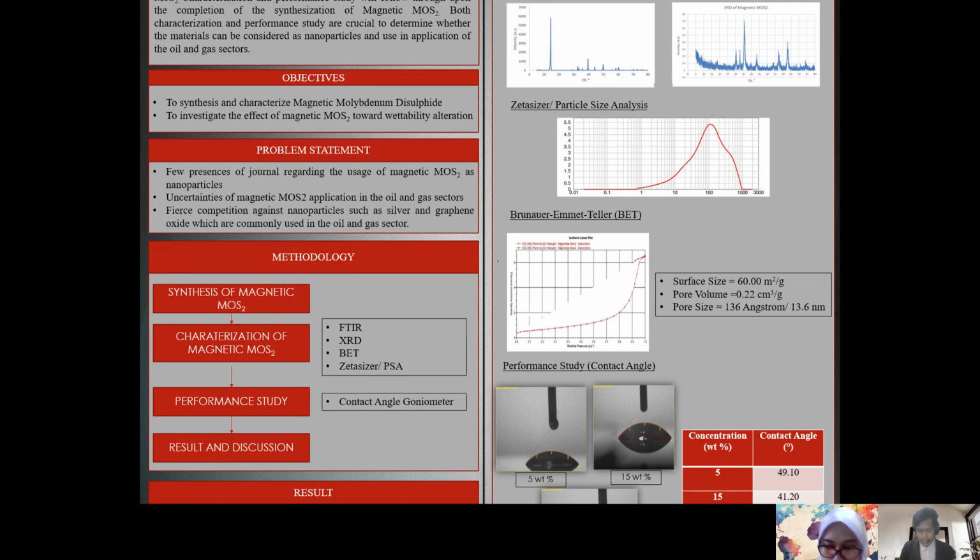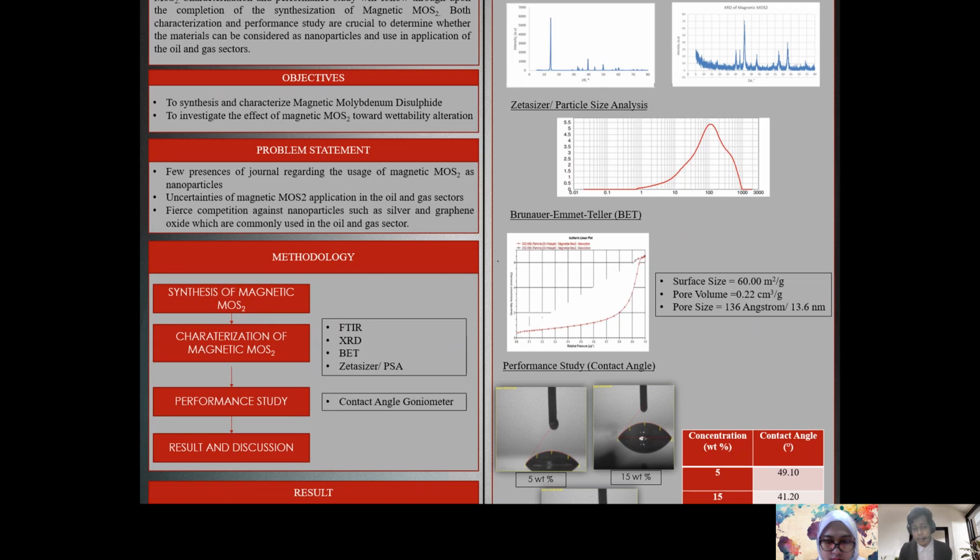Next, I would like to explain why I keep comparing molybdenum disulphide with graphene oxide. It is because both of the materials are considered to exhibit the same properties. One of the same properties is that both are considered to have mesoporous pore volume. What I mean by mesoporous is nanoporous pore size, which ranges between 2 and 15 nanometers.